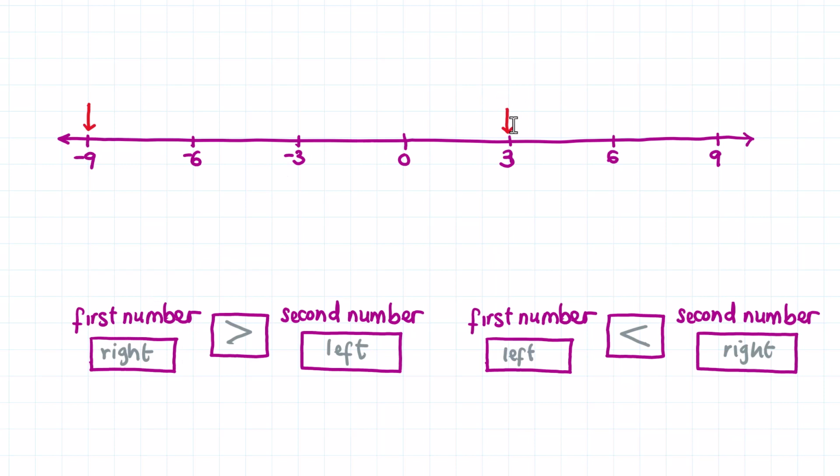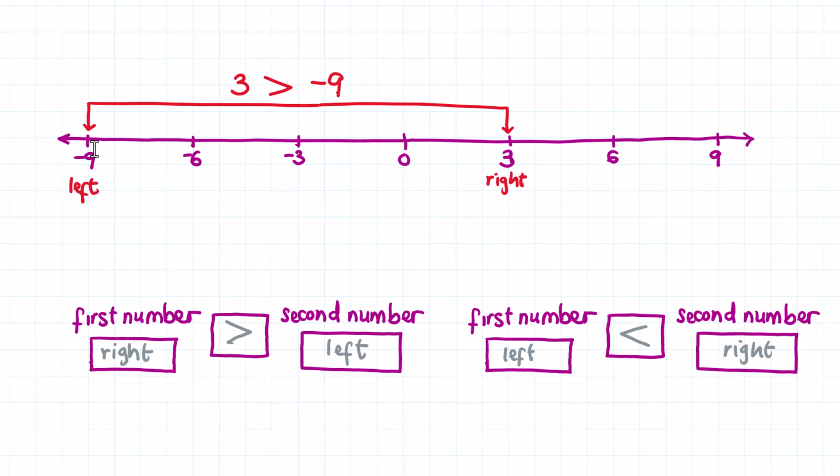For example, when we are given two numbers and let's say the first number is 3 and the second number is -9, since 3 is to the right and -9 is to the left, we recognize that 3 is greater than -9, because 3 is to the right and -9 is to the left on the number line.